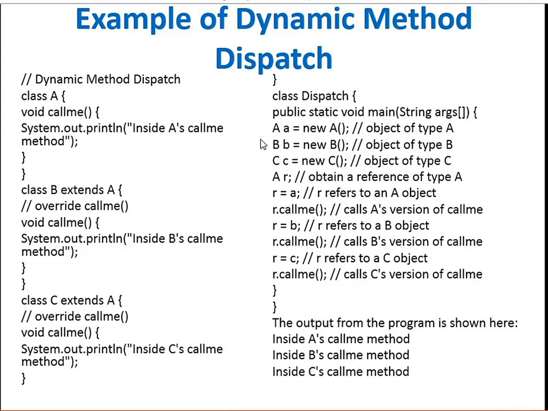Then we obtain a reference of type A. Then r = a, so r refers to the object of A. r.callme() calls A's version of callme, because the reference is to an object of class A. When we say r = b and then call r.callme(), it will call the B class version.